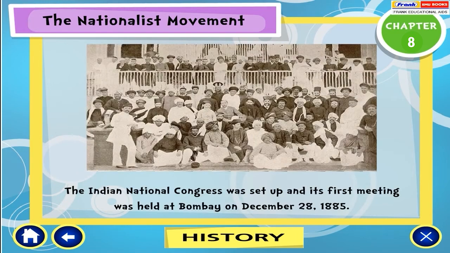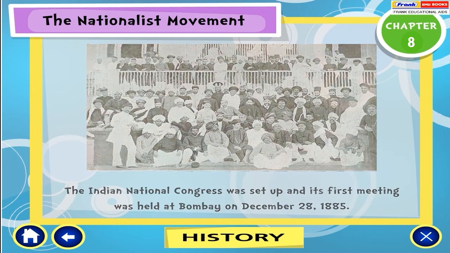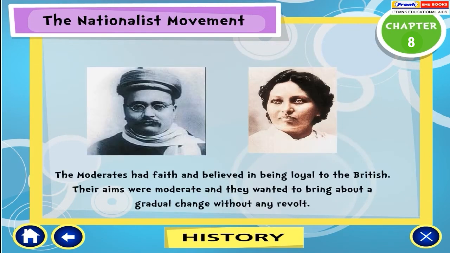The Indian National Congress was set up, and its first meeting was held at Bombay on December 28, 1885. The moderates had faith and believed in being loyal to the British. Their aims were moderate, and they wanted to bring about a gradual change without any revolt.